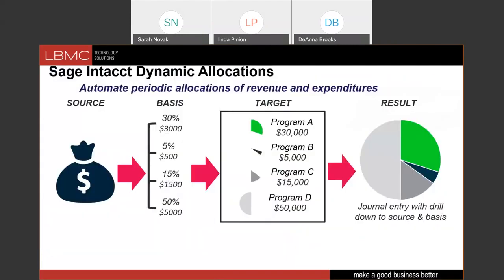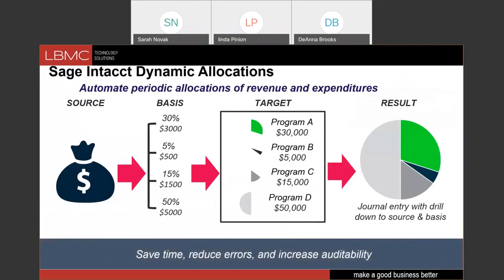So let's talk about dynamic allocations. Dynamic allocations is something that we released, I believe it was 2018 R4, when dynamic allocations came out. So it's been out for a couple of years now almost, and we've made some enhancements to this application, and we're continuing to do that.